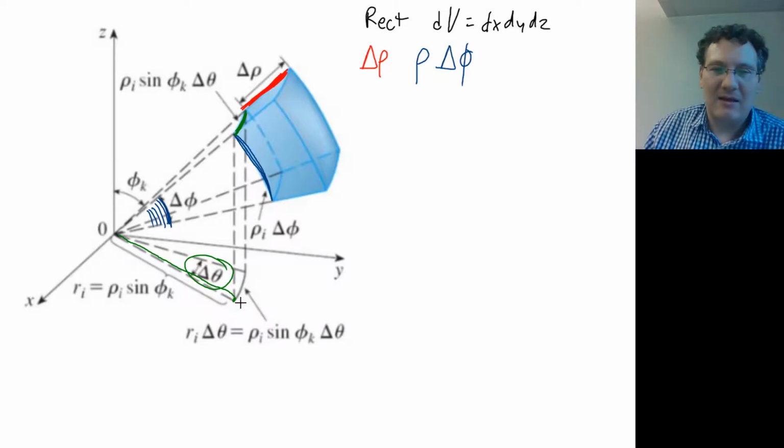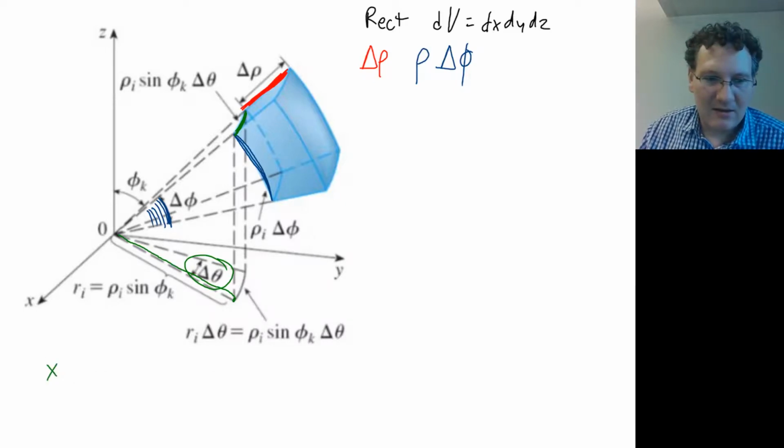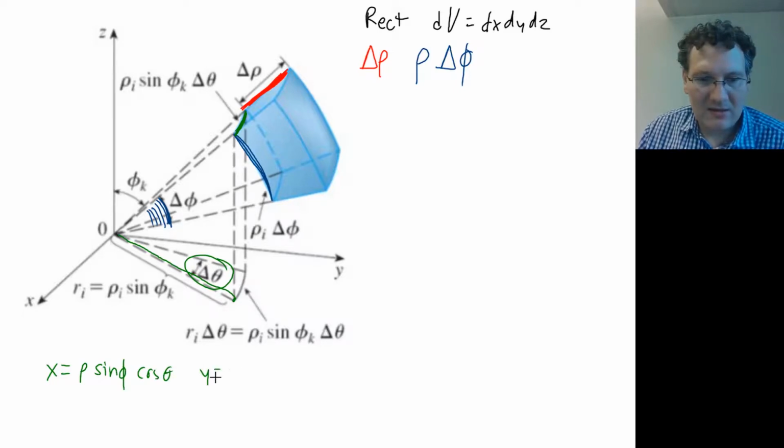Remember, x is rho times the sine of phi times the cosine of theta, and y is rho times the sine of phi times the sine of theta. Rho times the sine of phi is this length.